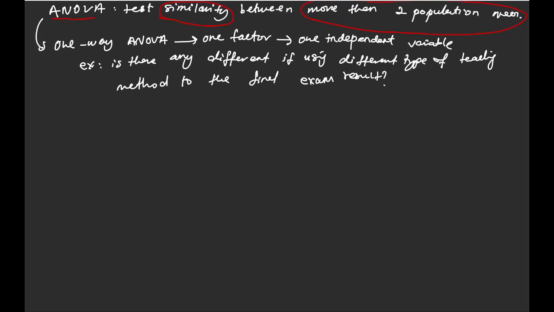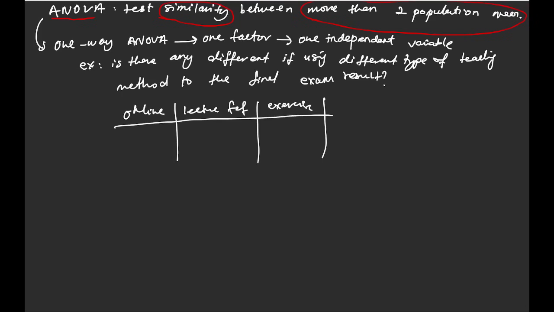Let's say I have teaching method online, teaching method lecture face to face, and teaching method only exercise. So this one we call teaching method. The teaching method will be your independent variable, your factor. There's only one factor, which is the teaching method.